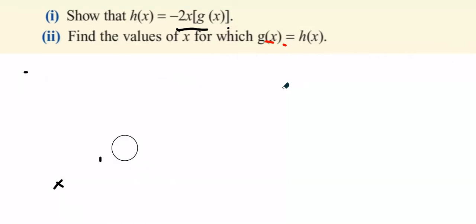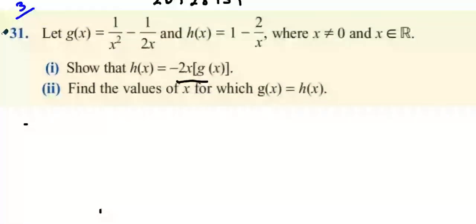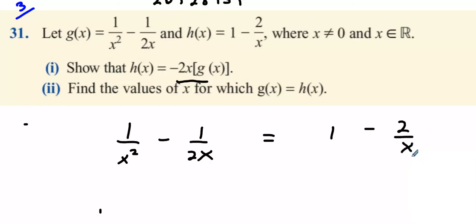Okay. Now, next part. Put the two functions equal to each other. So what do we get? Now, Mel, this is the time you're going to get a common denominator. That's g of x, and this is h of x. Mel, this time get a common denominator, okay?